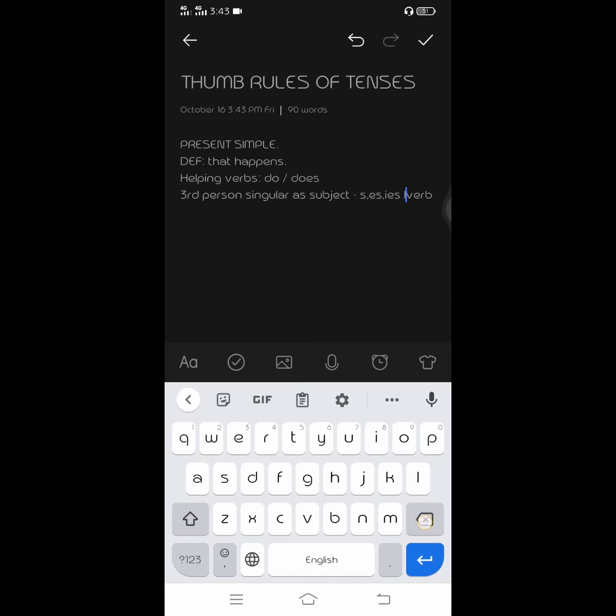जब भी आप थर्ड पर्सन सिंगुलर के साथ सेंटेंस बनाएंगे, थर्ड पर्सन सिंगुलर क्या होते हैं? He, she, it, or any singular name. So you are going to use s, es and ies in the verb. Now the question arises that in which verb we would add s, with which we would use es, and in which we would use ies.